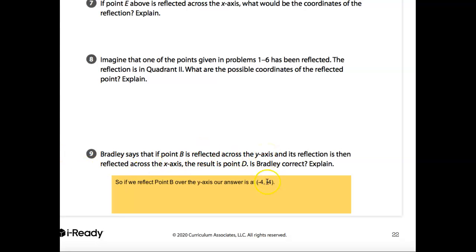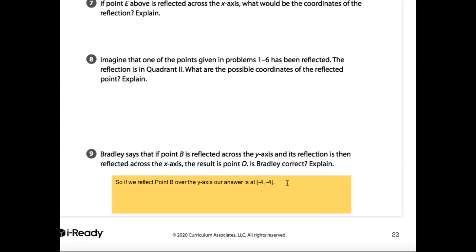All right, then it says, Bradley says that if point B is reflected across the y-axis, and its reflection is then reflected across the x-axis, the result is point D. So is Bradley correct? Point B is at (4, -4). When we reflect it across the y-axis, we get (-4, -4).